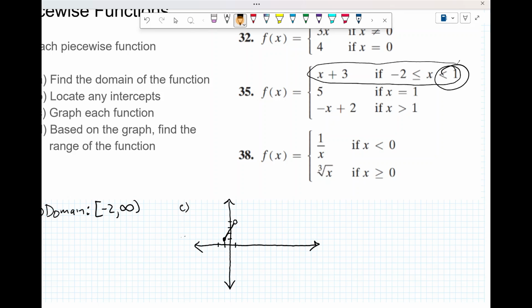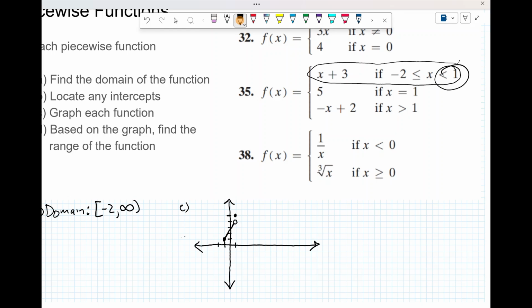What happens when x is equal to 1? Well, that means y is equal to 5. So I fill in a dot right there at 5, right above it. What happens after that? Well, when x is greater than 1, we're going to have negative x plus 2.